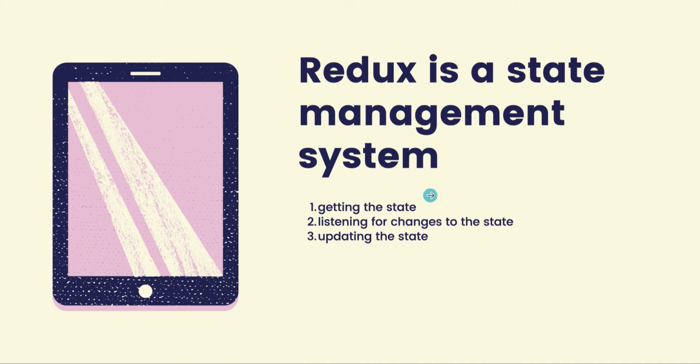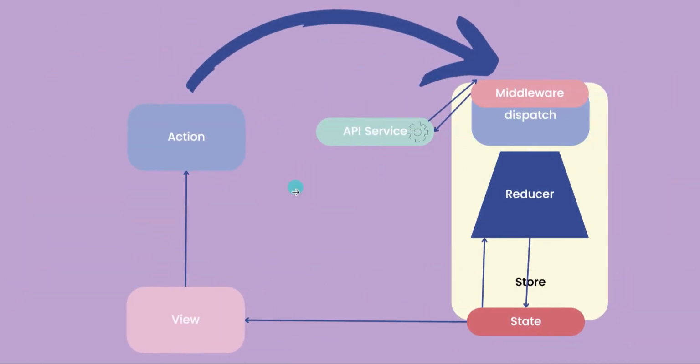Redux is a state management system. The main items in this architecture are view, action, reducer, store and state, and for sure dispatcher. So view is related to design itself, like any design pattern.